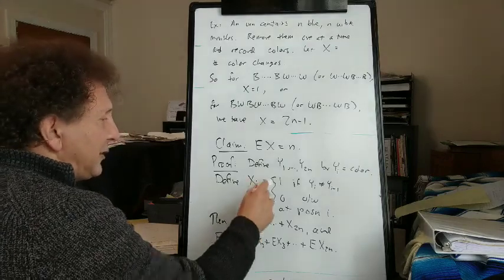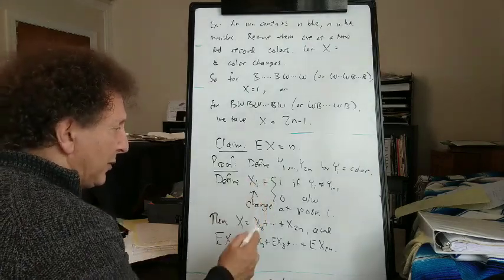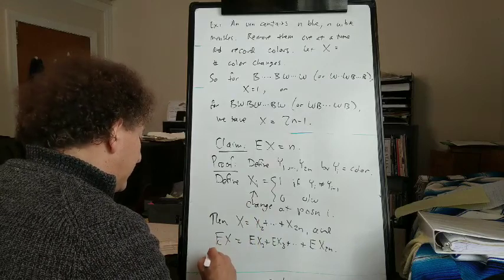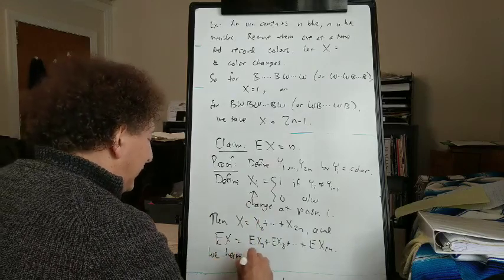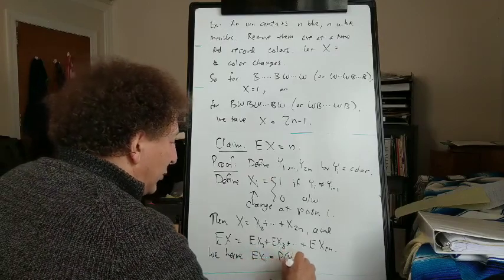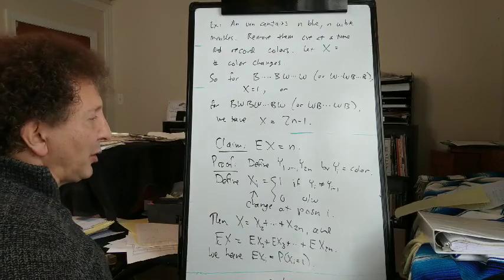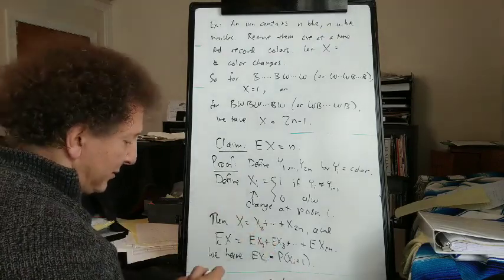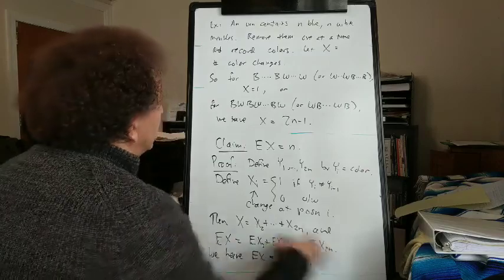Now each of these is a 0, 1 Bernoulli random variable. So we have that the expected value of xi is the probability that xi equals 1. So what's the probability that we get a different color on one trial from what was the previous color?